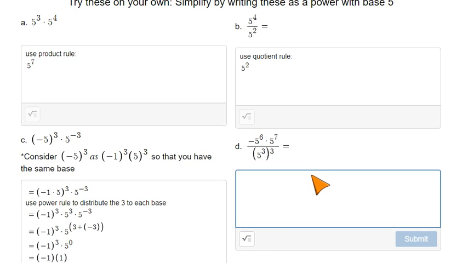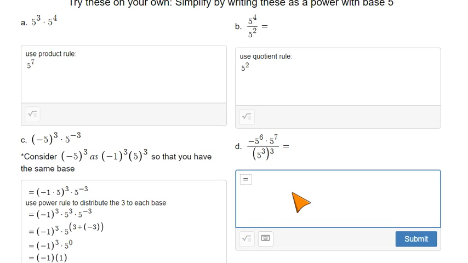Right, part D. This one, once again, is slightly different. I have negative 5 to the power of 6. But since this negative 5 doesn't have a bracket, I know that the exponent is only applied to the 5. It isn't applied to the negative sign.